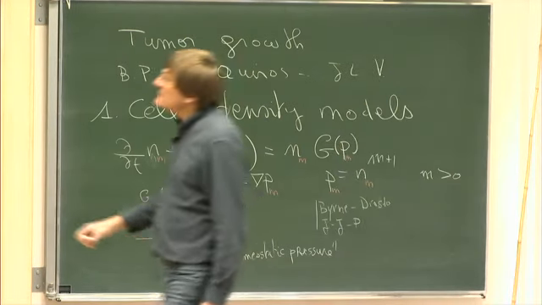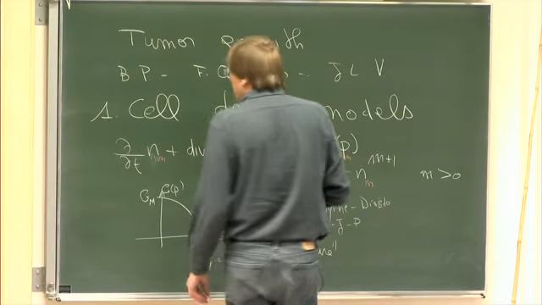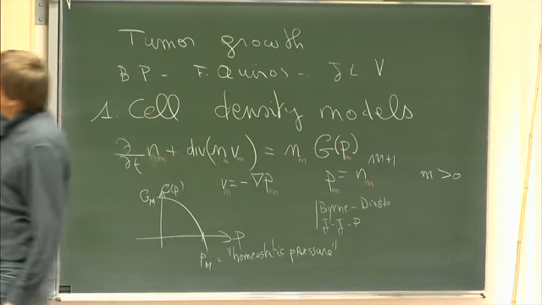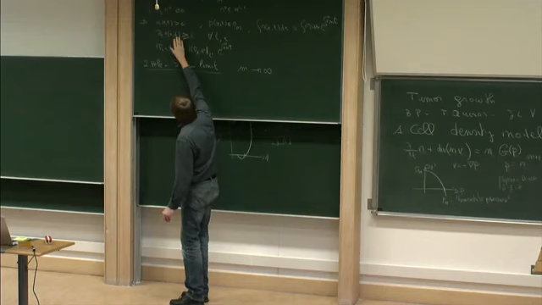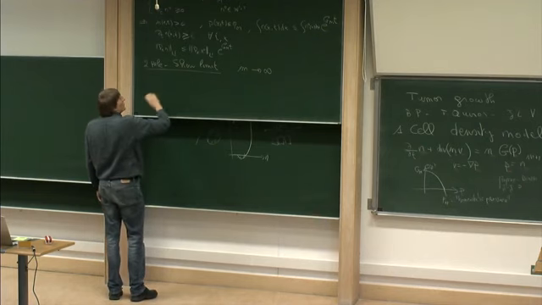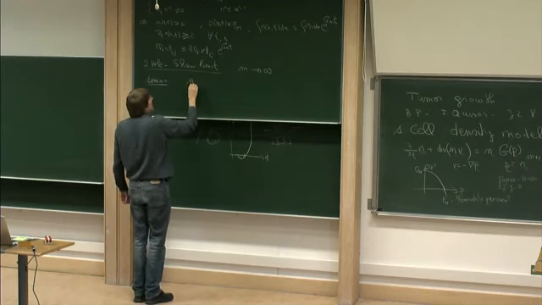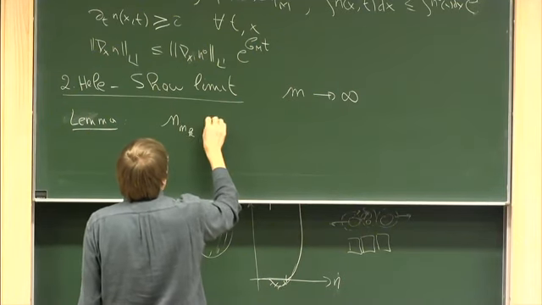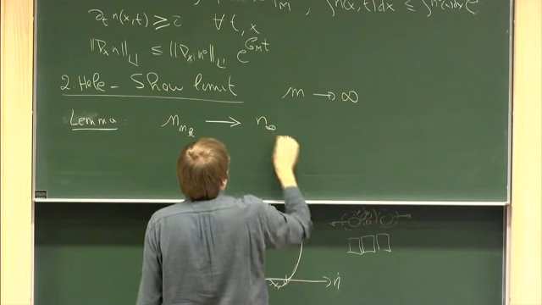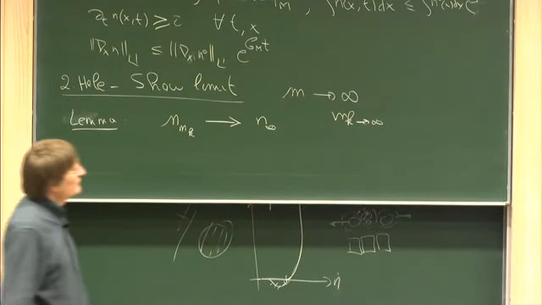So these estimates which have been written up there, you agree they are uniform in the parameter m, and then they tell you that n is uniformly BV in space-time. So the first thing that you know from the limit, the first lemma, is that you can extract subsequences so that n_m, or n_{m_k}, converges strongly to some n infinity, as m_k tends to infinity.